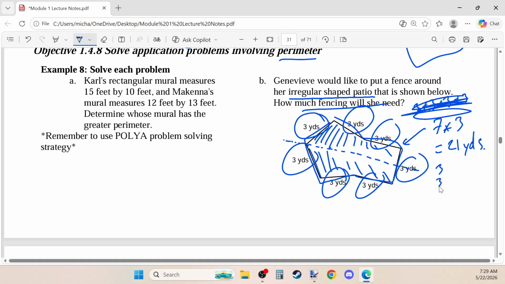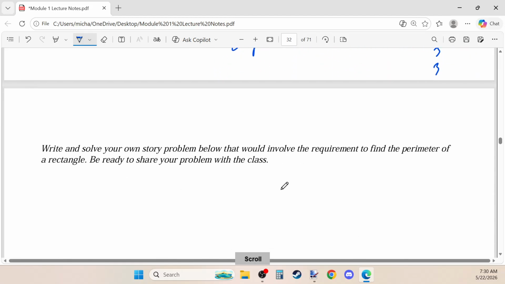If we wanted to, we could add 7 threes together. 4, 5, 6, 7. 3, 6, 9, 12, 15, 18, 21. Okay.